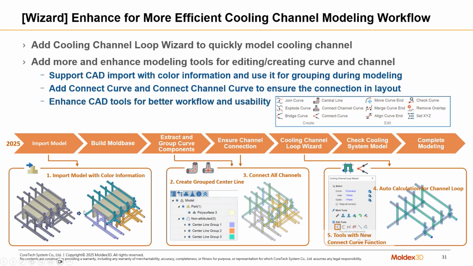From there, as far as the cooling is concerned, you can extract the center lines. And then you can connect all those cooling channels using the cooling channel loop wizard, like I just mentioned. And then there's also an auto calculation for the cooling channel loops that will help to reduce any redundant lines or really just focus on what lines are actually useful in this cooling channel loop.